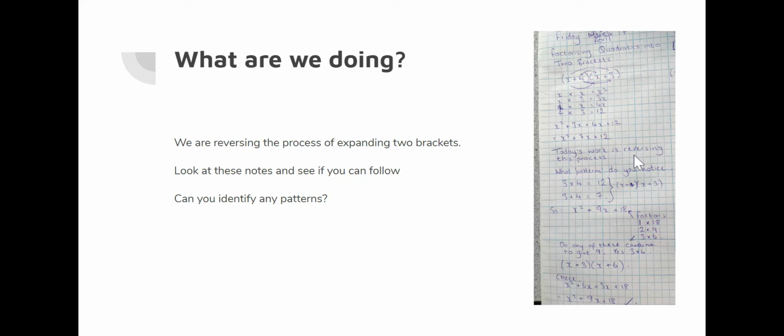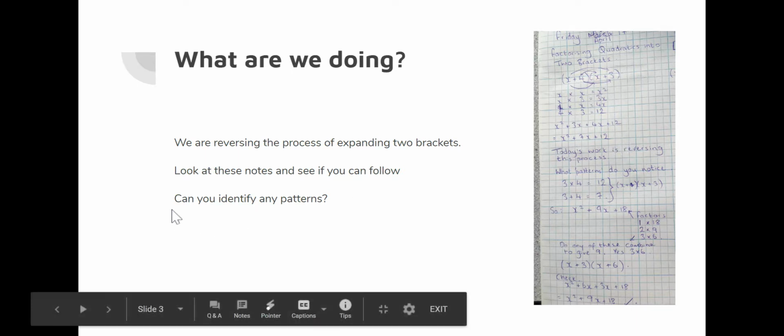What we're doing today is reversing that process. We're going from x squared plus 7x plus 12 back to brackets x plus 4 and brackets x plus 3. So what we need to learn is how to go about this process. What I've asked here is, can you identify any patterns?